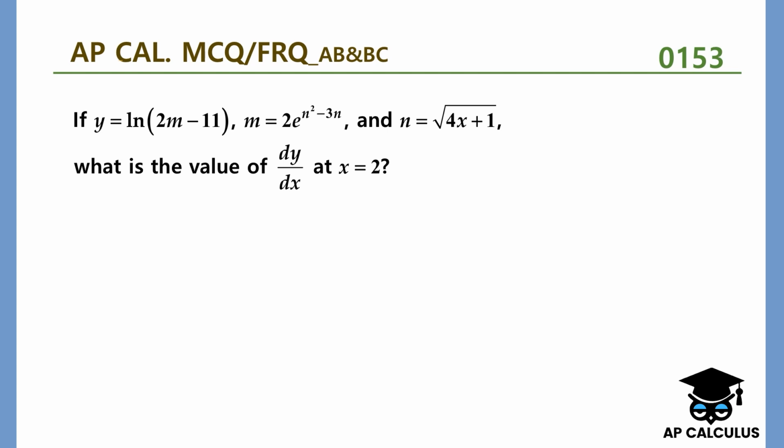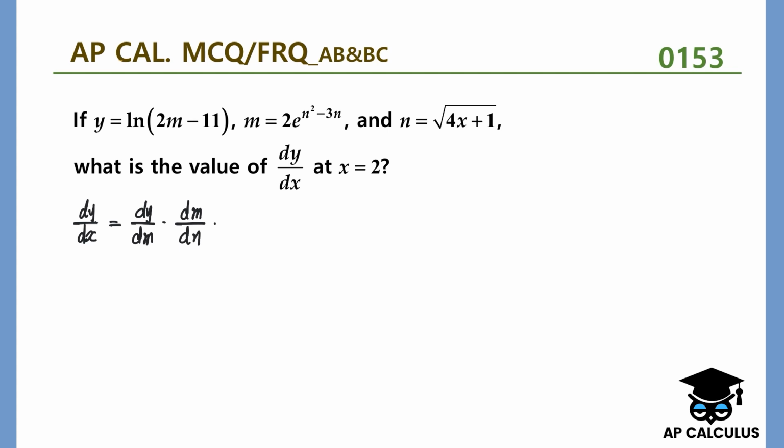Using the chain rule, we can write dy over dx is equal to, here y is the function in terms of m, so dy over dm, times m is in terms of n, so dm over dn, right?